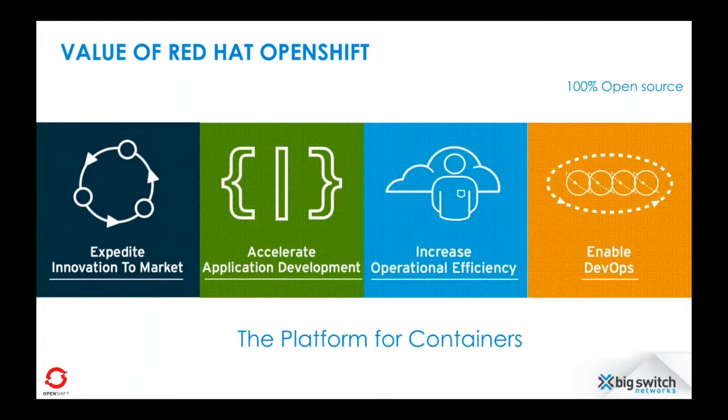So expediting that process to market, accelerating your application development process itself, increasing the overall efficiency of operations, and enabling a DevOps infrastructure. OpenShift, we believe, is the platform for containers. It is 100% open source. Recently, there was a study done by IDC, and they've done some interesting analysis of OpenShift.